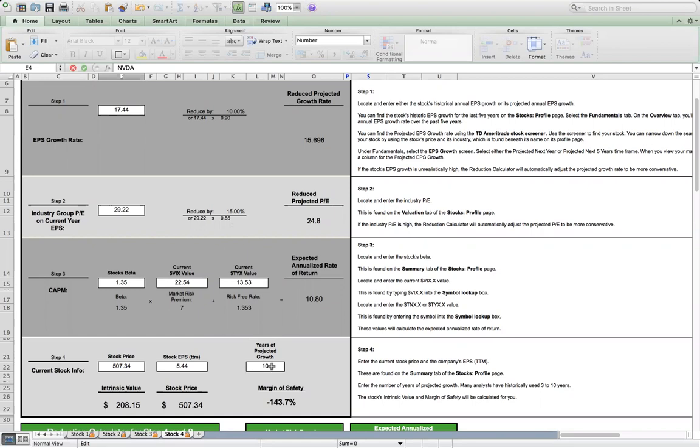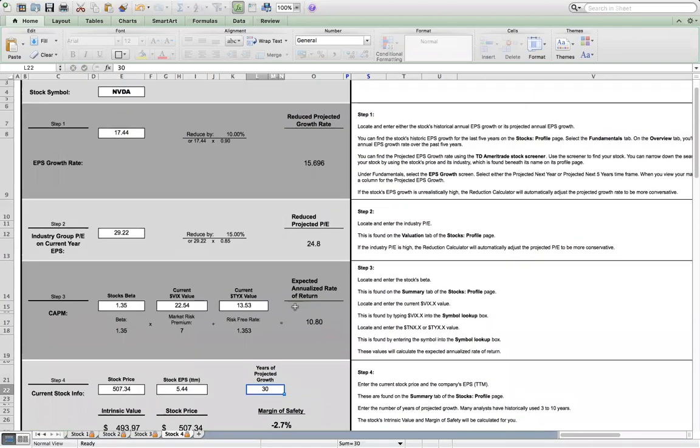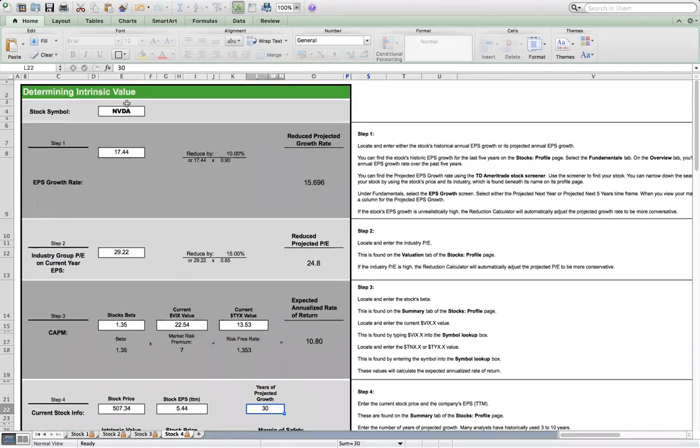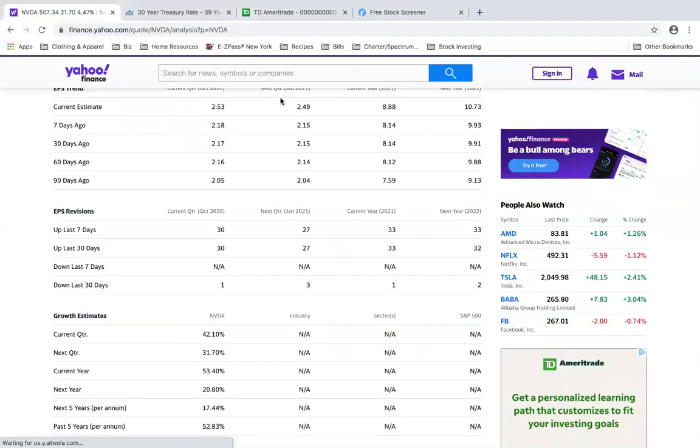Now, let me see something. Let me just change this just for the fun of it. Yeah, negative 2%, 30 years out. 493.97. And was the other one Zoom, you said? Yes. Actually, do me one before you do that.